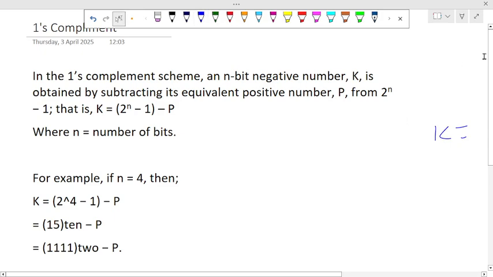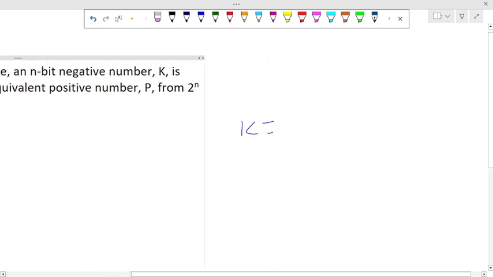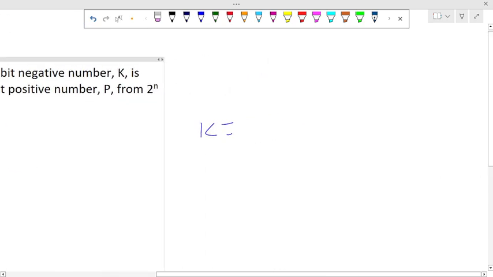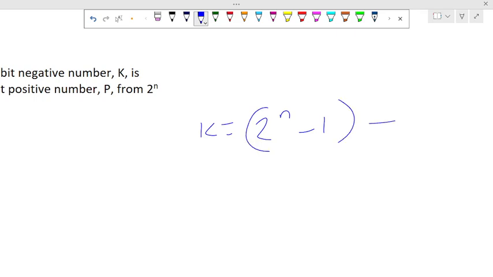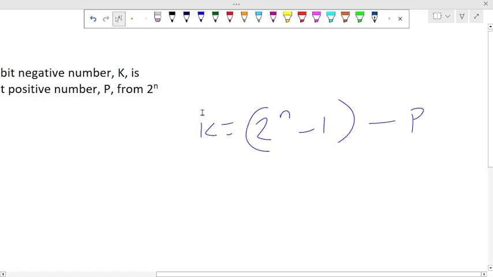So to get the 1's complement of this negative number, it is obtained by subtracting its positive equivalent from 2 raised to the power n minus 1, then you put the positive.